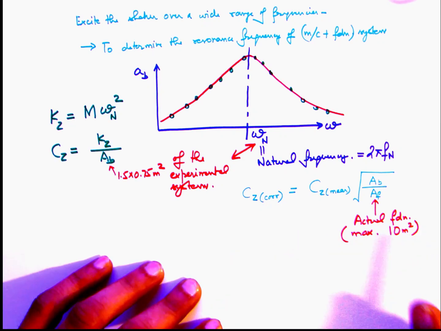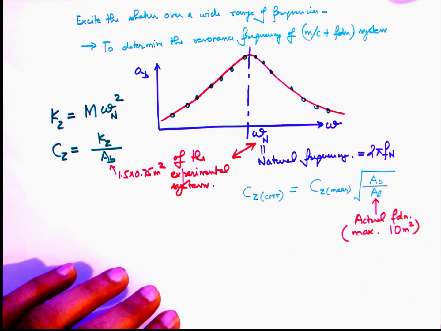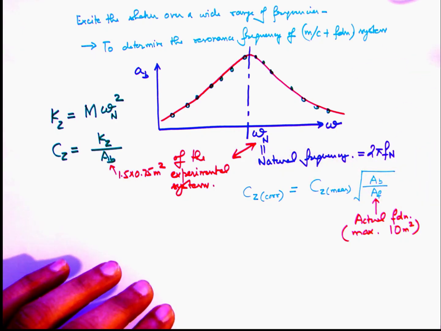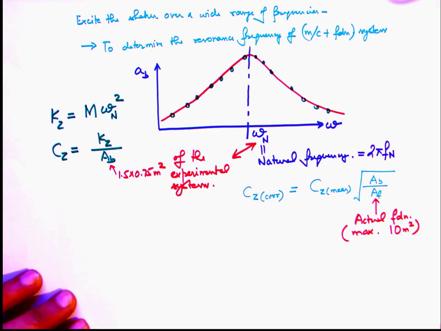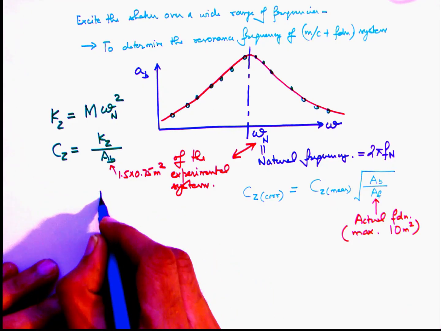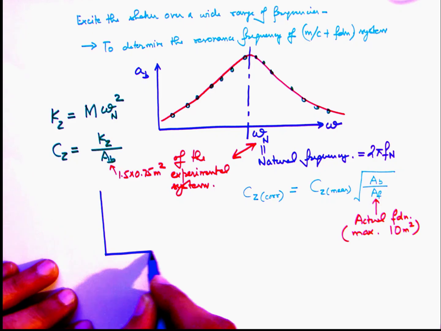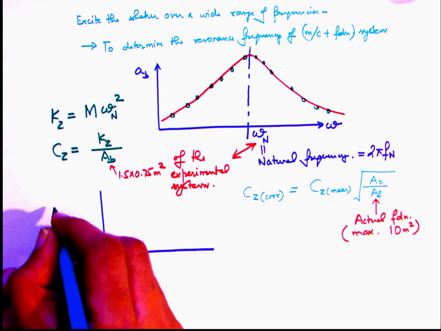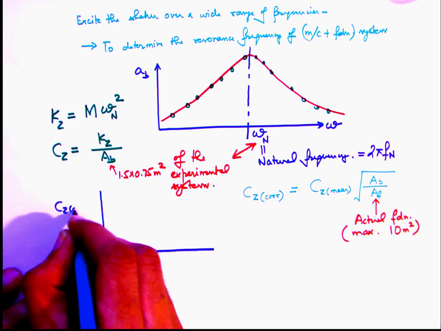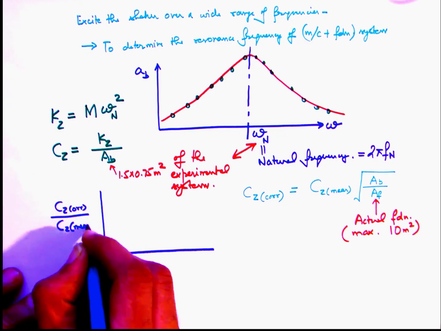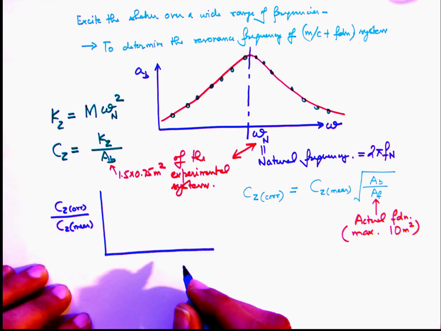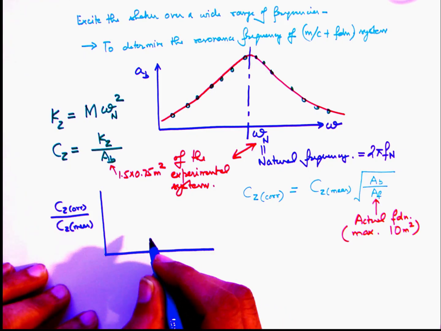This correction factor has to be applied subject to a maximum foundation area of 10 meter square. So we can observe that Cz is inversely proportional to the size of the foundation block, and here we are plotting the ratio Cz corrected to Cz measured with respect to the foundation size, and we can see the variation.